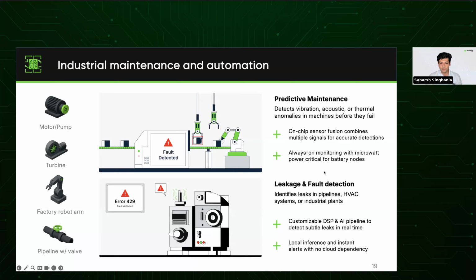Similarly, another application that we can think of is leakage and fault detection. A lot of industrial settings will have gas pipelines or water pipelines, or even work with a lot of hazardous chemicals and gases.